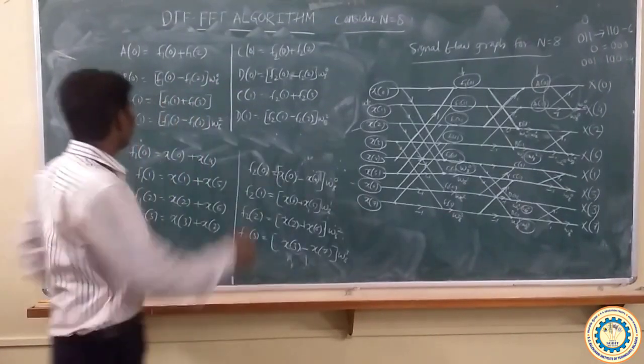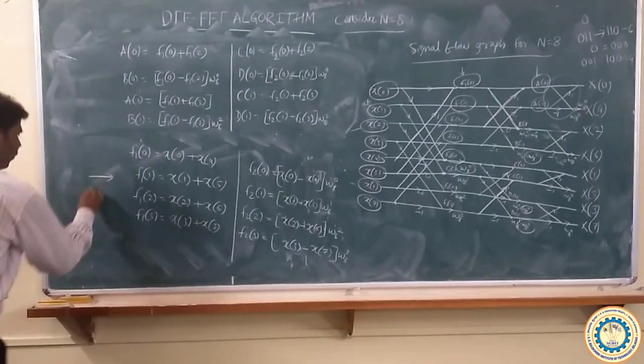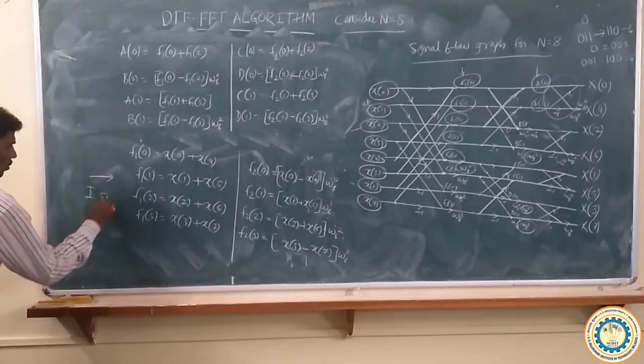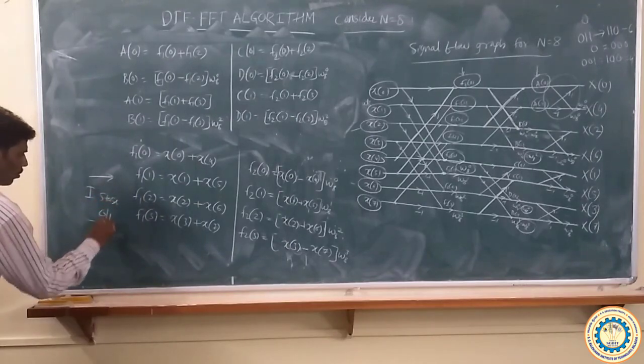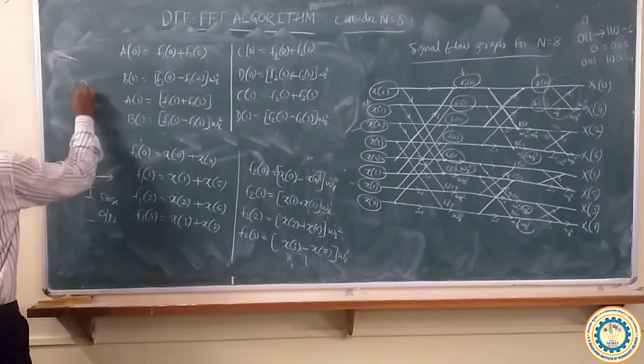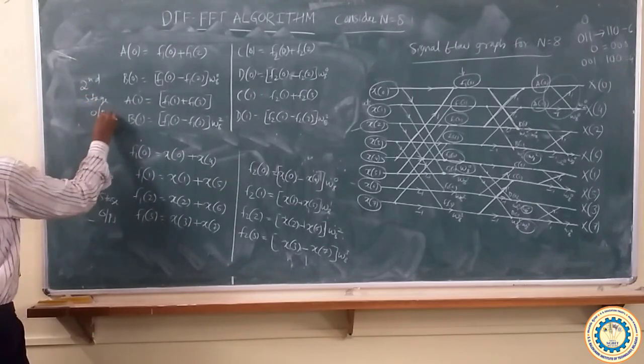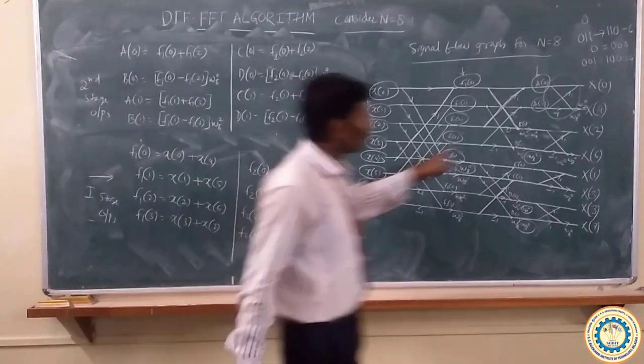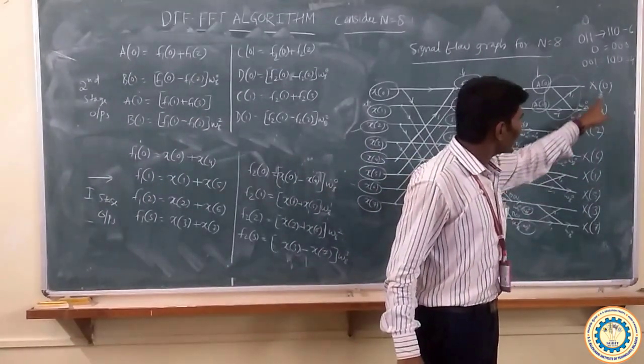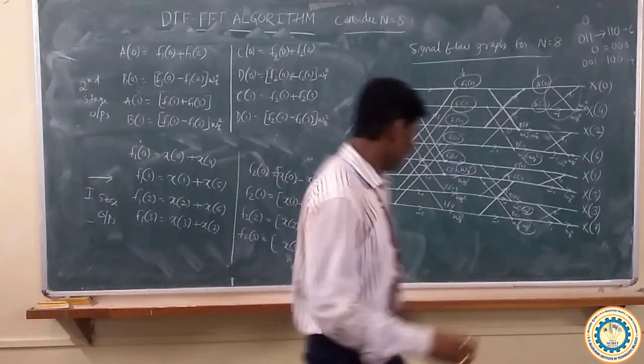So these are the first stage outputs. So these are the second stage outputs. Now we write the final outputs, that is x of 0 to x of 7.